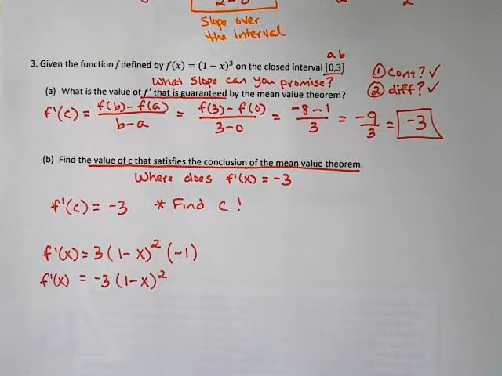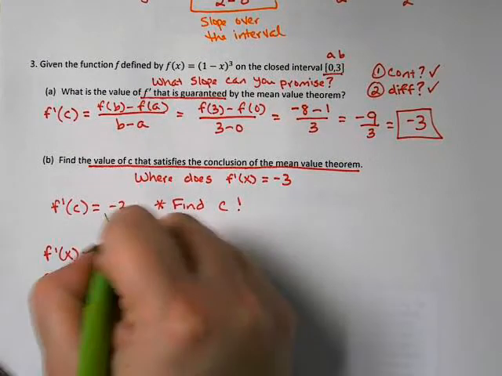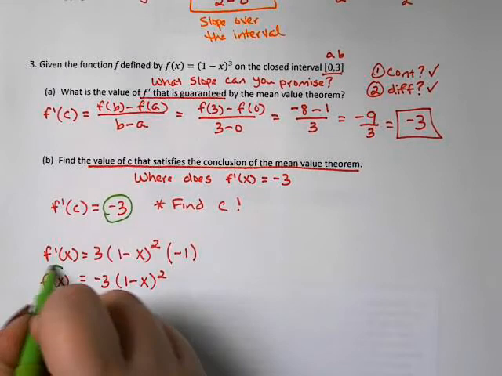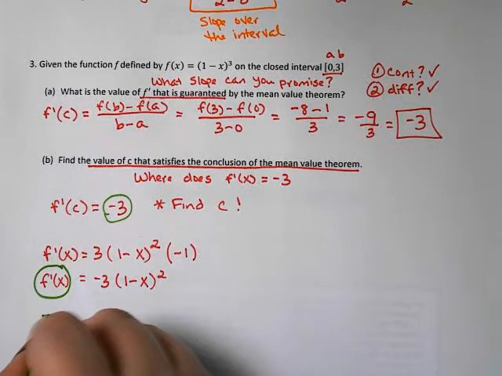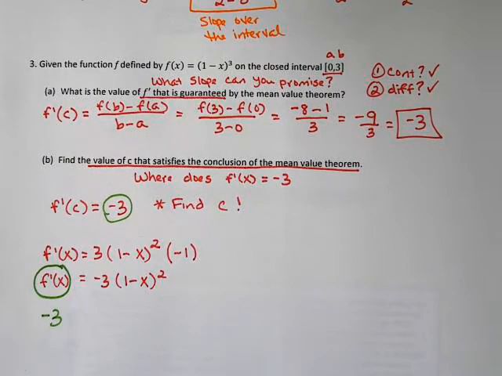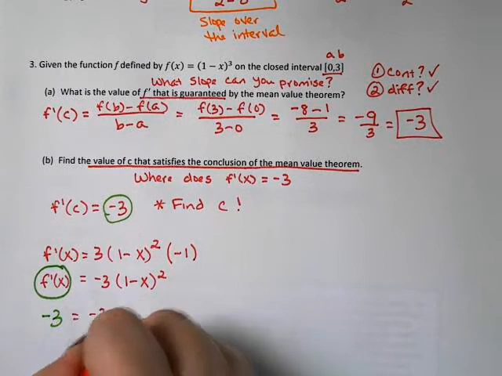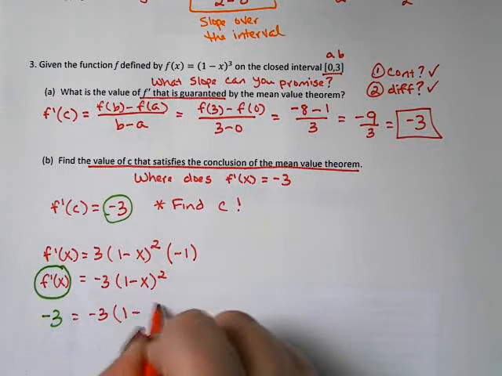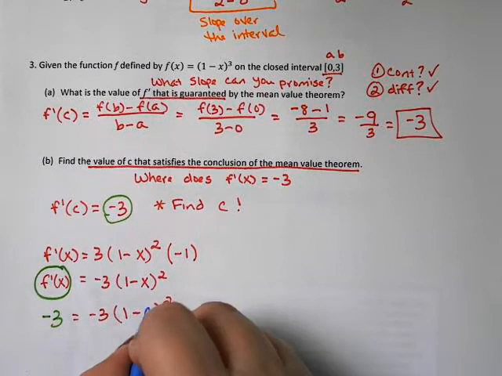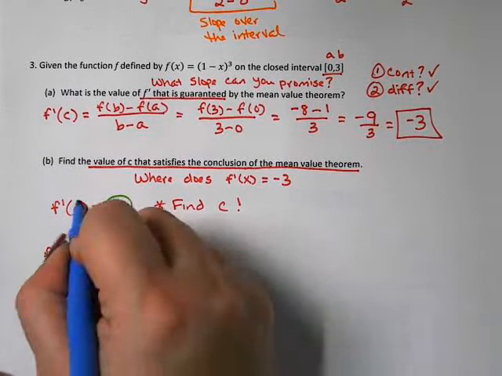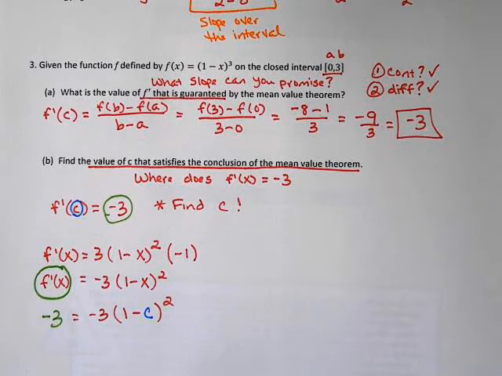Well, we said we're guaranteeing that it must equal -3. So I'm going to take out f prime of x, and I'm going to say it has to equal -3. And I'm going to say that that must occur at some value c. So this is what I'm looking for.